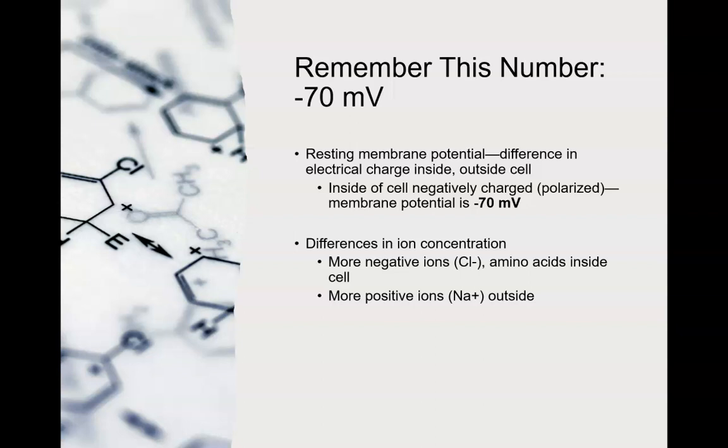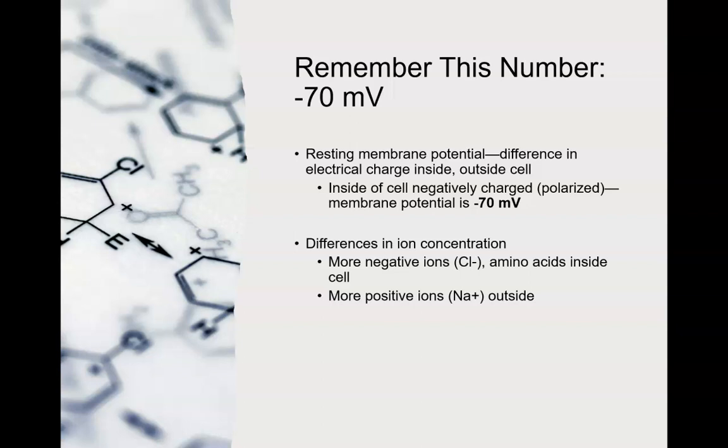And this basically results from the interplay of a few different types of components. So first of all, we have more negative ions, such as chlorine, and negatively charged amino acids inside of the cell. We have more positive ions, like sodium, outside of the cell.